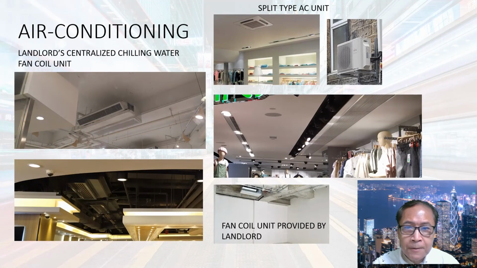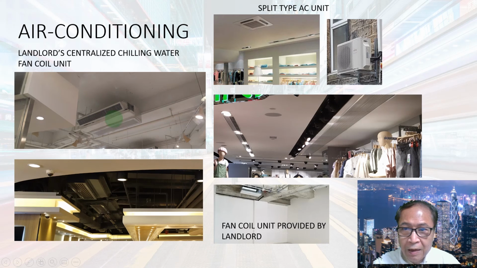Air conditioning. Now you see, here we have the fan coil by the landlord. They provide the fan coil and chilled water pipe. You see, this is the air outlet, mostly by the tenant.